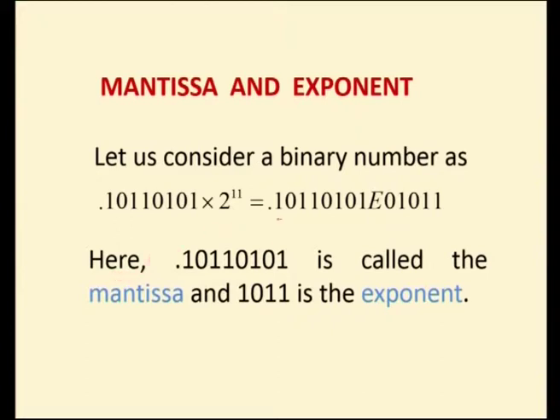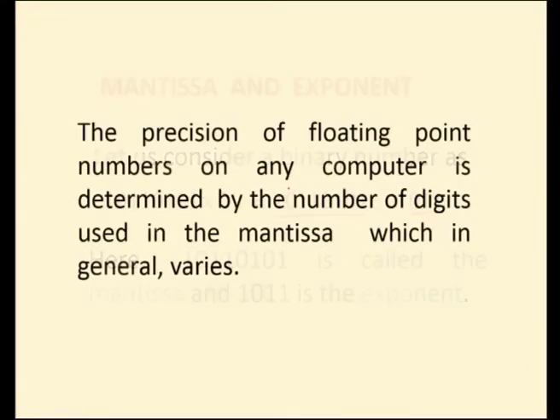Here this particular part 0.101, 10101 is called the mantissa, and this particular part 1011 is called the exponent. The precision of the floating point numbers on any computer is determined by the number of digits used in the mantissa, which in general varies.